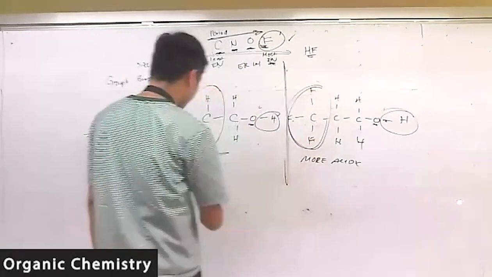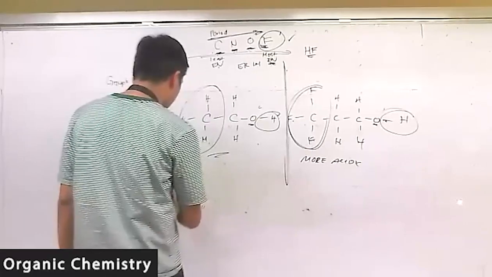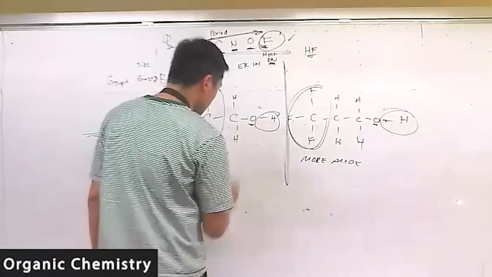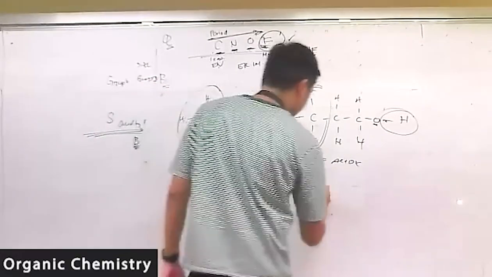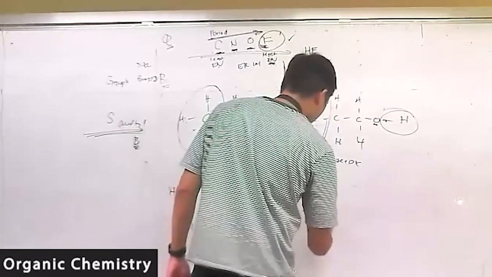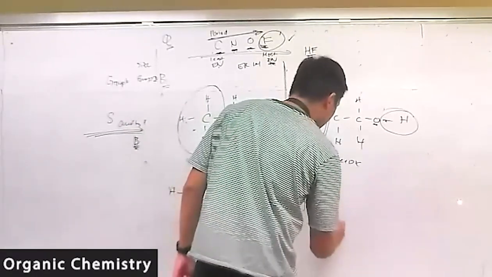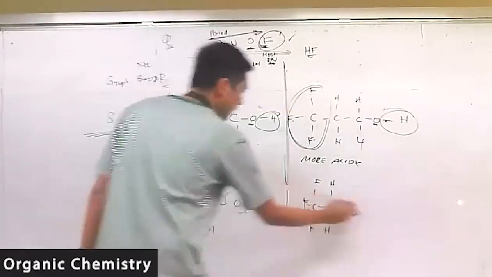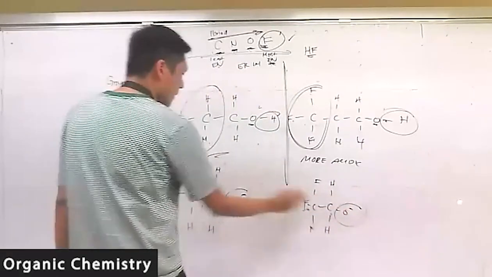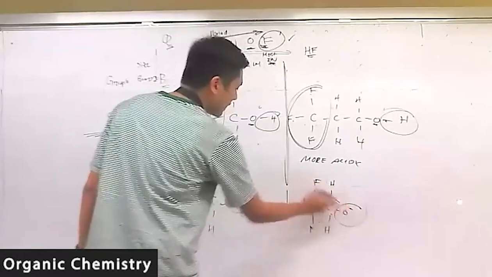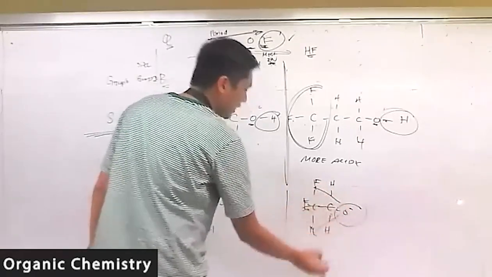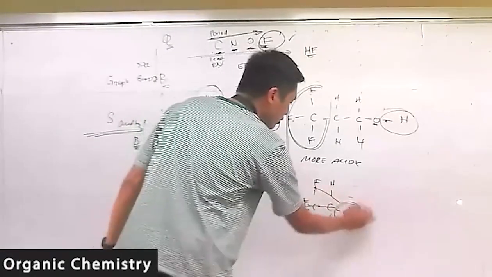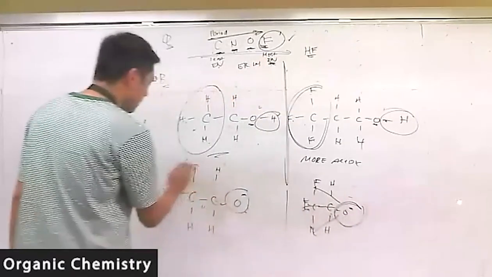What happens here? So I mentioned earlier, if you want to analyze the acidity, we should analyze the conjugate base. When we remove the H here, we find that there is a negative charge at the O. There is a negative charge at the O. What the F does is pull the negative charge from the O, so that this O is carrying a lighter negative charge. Here, the H cannot do that.